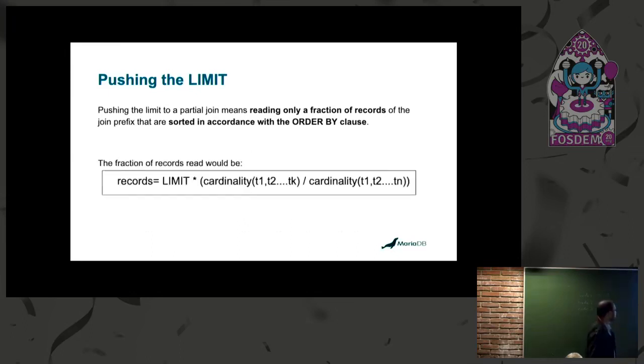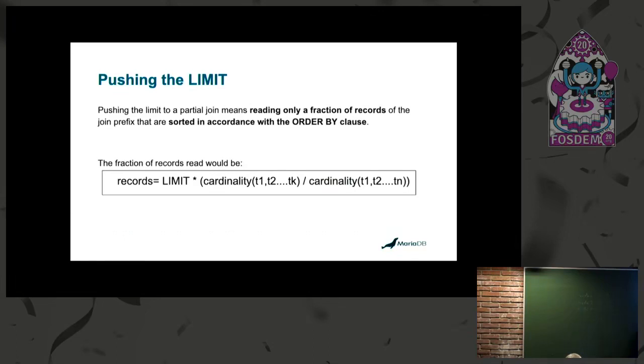So how is the pushed limit calculated? What exactly is meant by push the limit is you find a prefix by which ordering can be resolved, and then, of the records in the prefix, you will only read a fraction of those records, and this fraction is how we consider the limit.